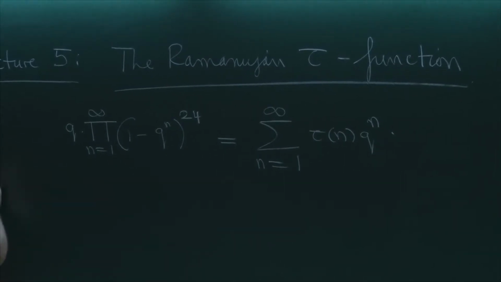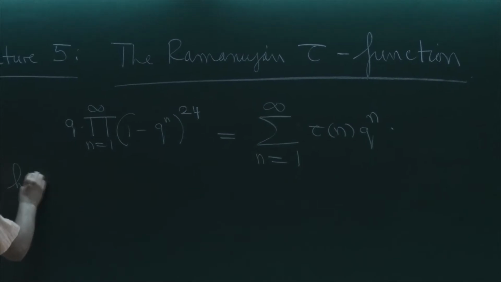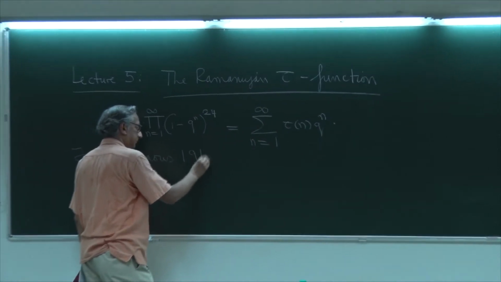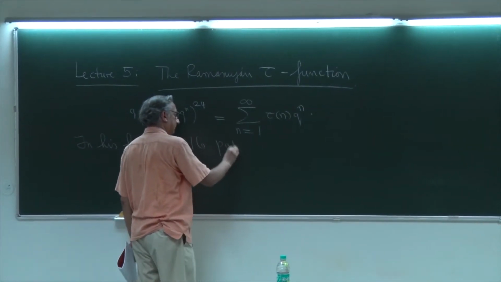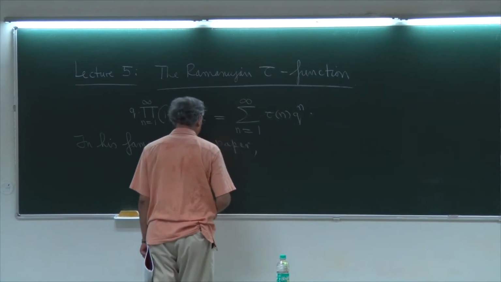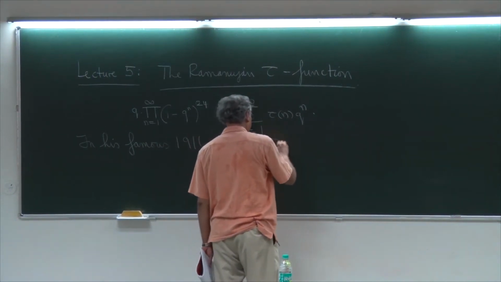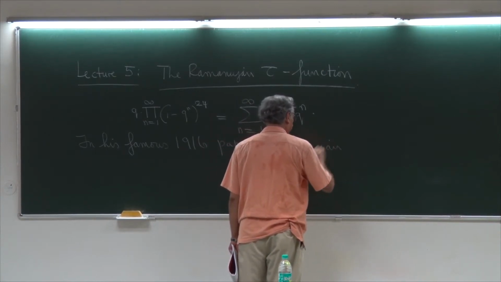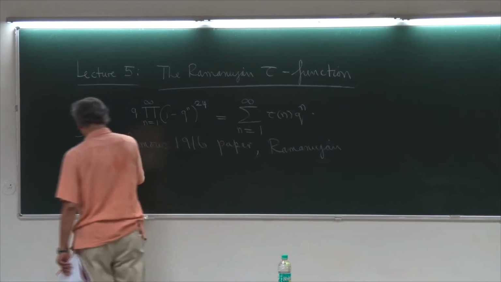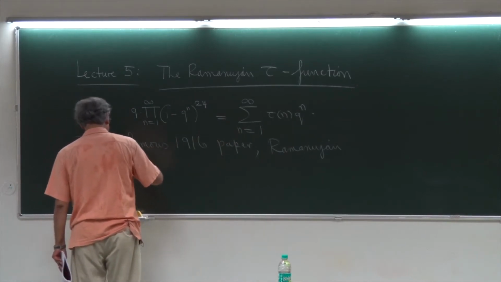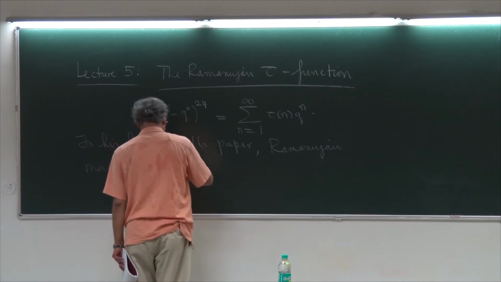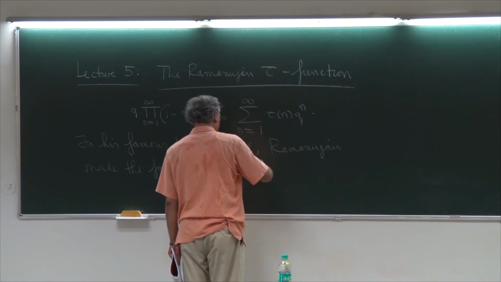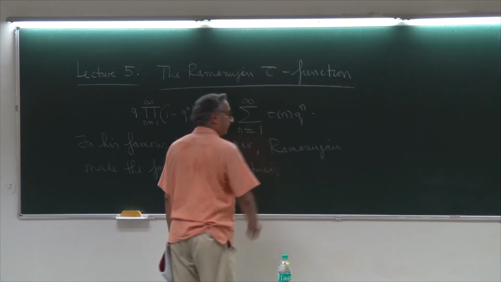And in his famous 1916 paper, Ramanujan made the following conjectures. I mean, he himself, I believe, calculated a whole bunch of values of the tau function.